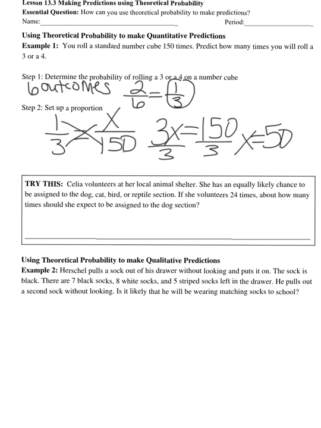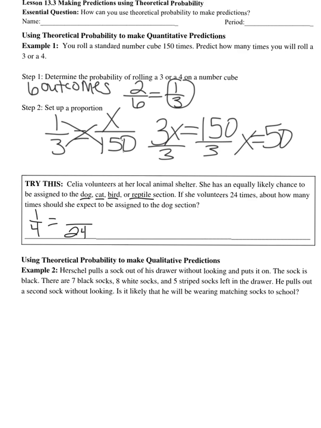So the first thing we need to figure out is what is the probability if she goes that she's assigned to the dog section. And there are 4 equally likely but different outcomes, and one of which is the dog. So the theoretical probability of being assigned to the dog is 1/4, or a 25% chance. Now setting up my proportion, she's going 24 times.